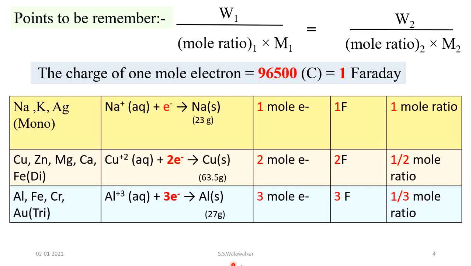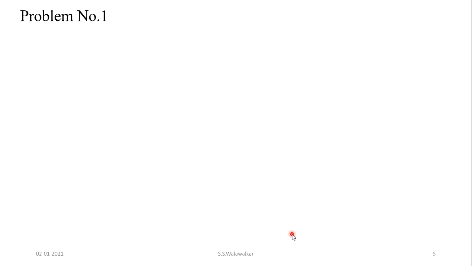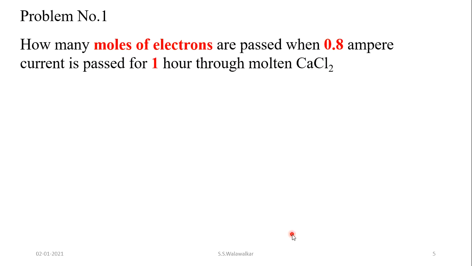So if you know these relations, then you can solve the numericals based on them. First we will see the problem which is in your textbook: how many moles of electrons are passed when 0.8 ampere current is passed for 1 hour through molten calcium chloride.